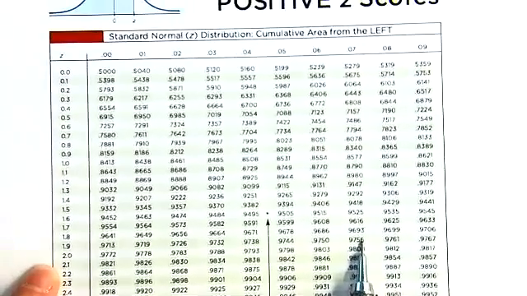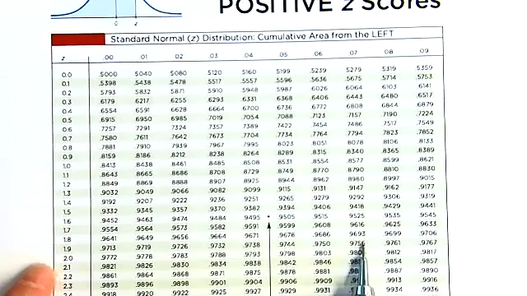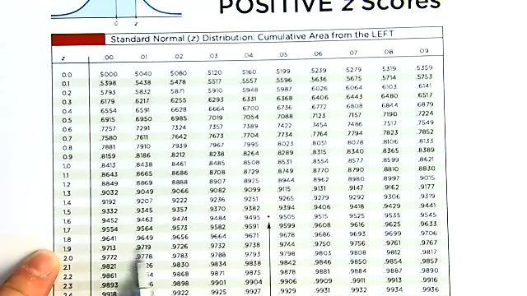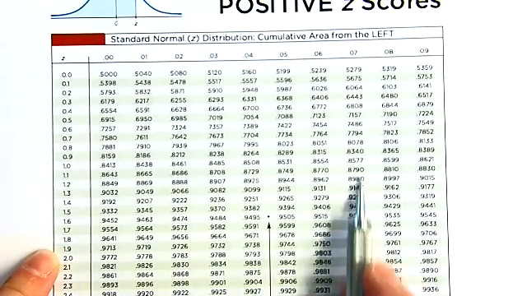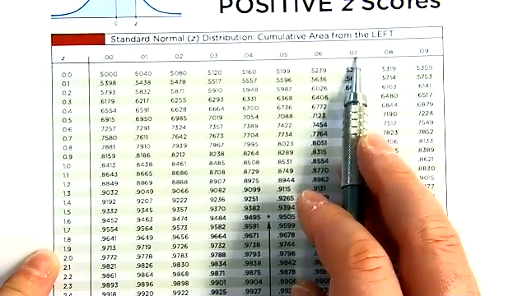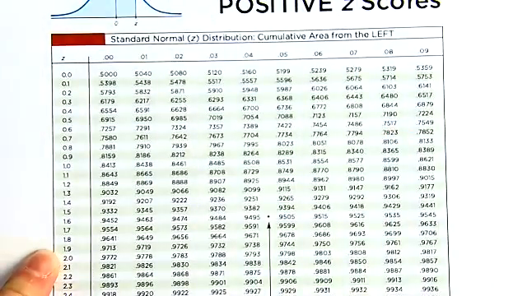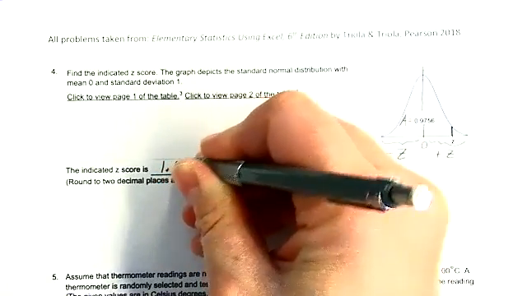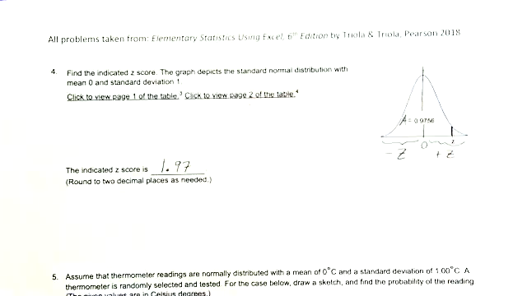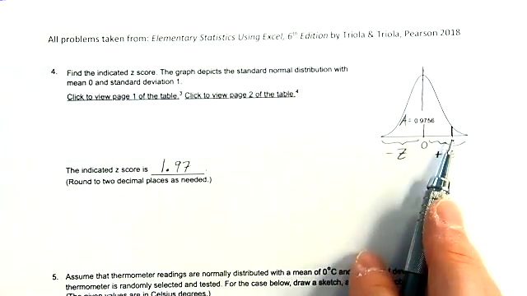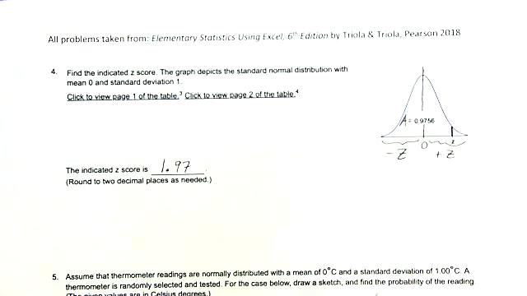If I go straight to the left, my starting numbers are 1.9, and then I go straight up 7. So the z-score is 1.97. That gives us the associated z-score that has an area of 97.56%.